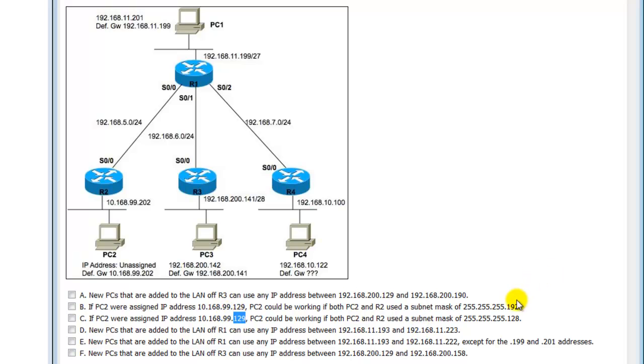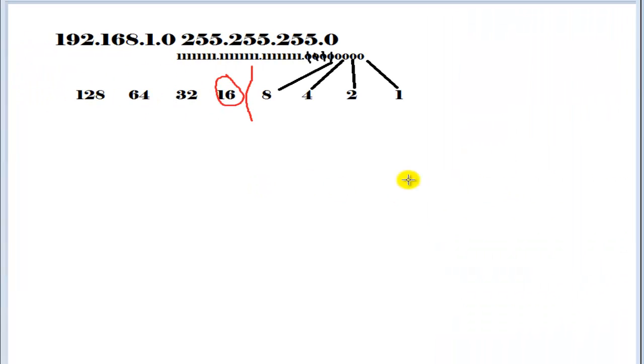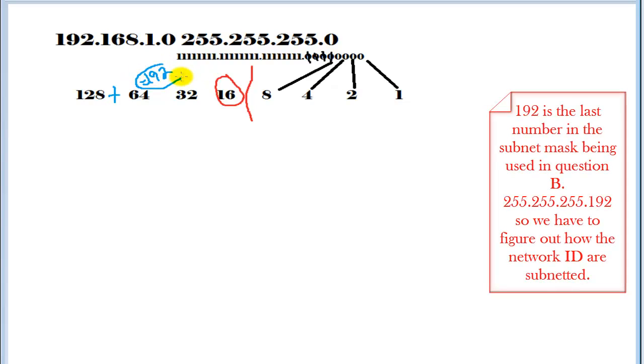So to figure out 192, what you do to figure out the network list is you would add these numbers up. So 128 plus 64 equals 192. So that is the magic number.